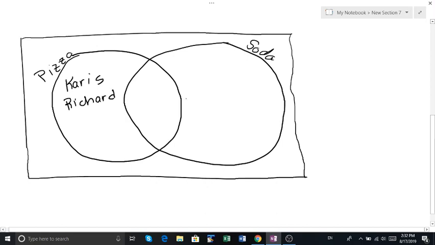The students who just liked soda would be Teresa and Ashley. The students who liked both pizza and soda were Seth and Matthew.